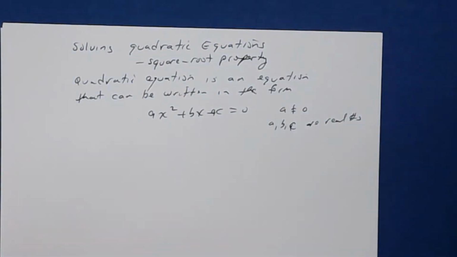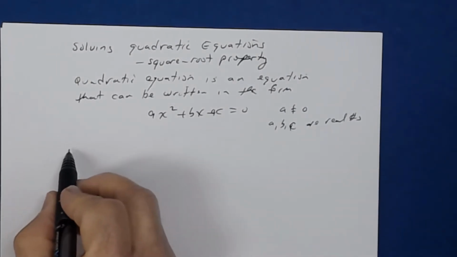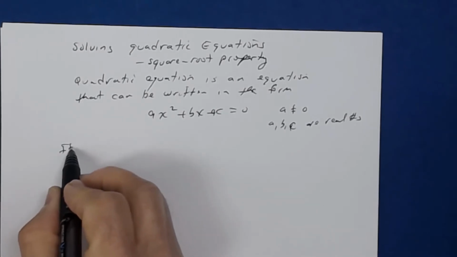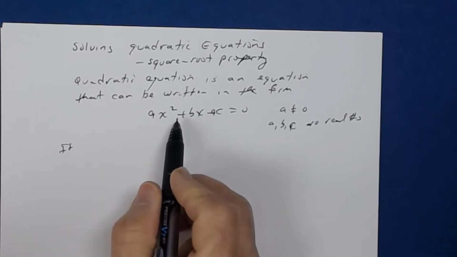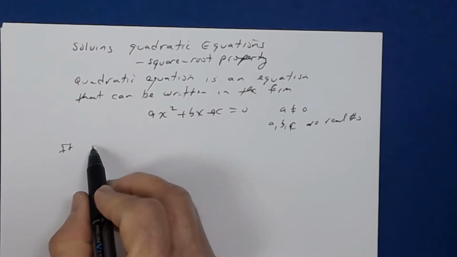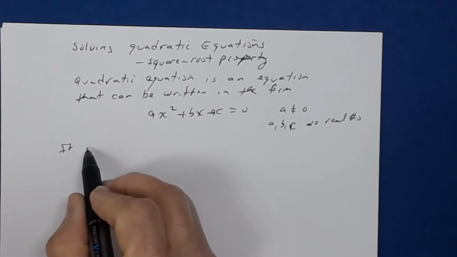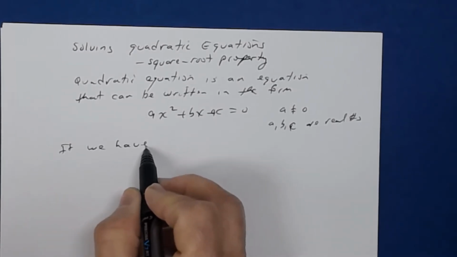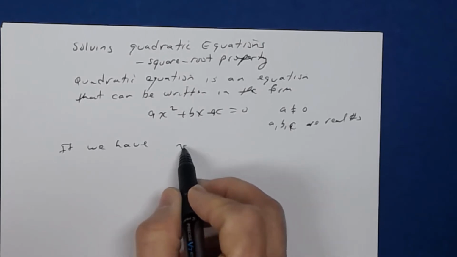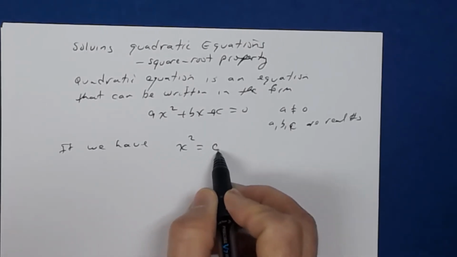Now, in this particular lesson, where we want to use the square root property, it's going to involve this idea. We have a quadratic equation where x squared equals some constant.